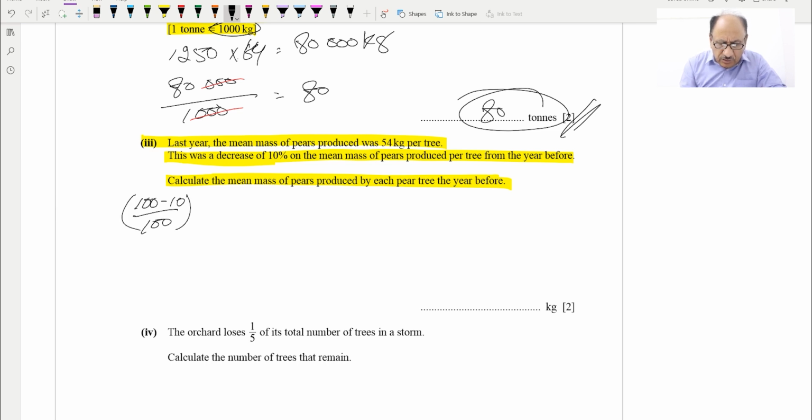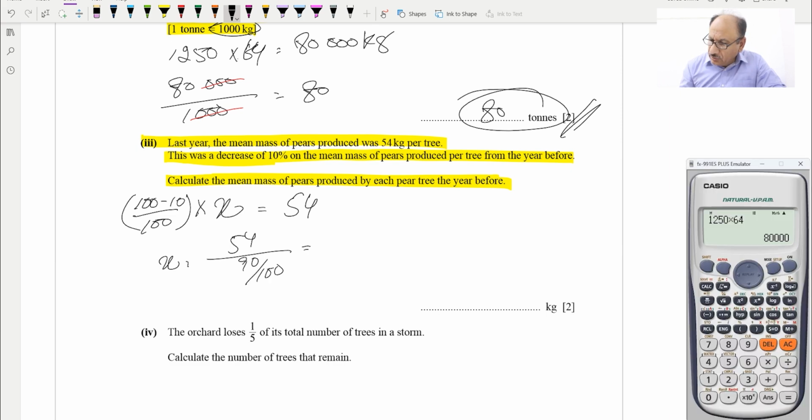We don't know what the previous year's production x was, but we know that after a 10% reduction it is 54 kg. So x will be equal to 54 over 90 over 100.